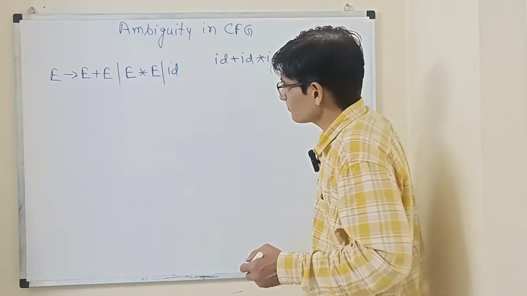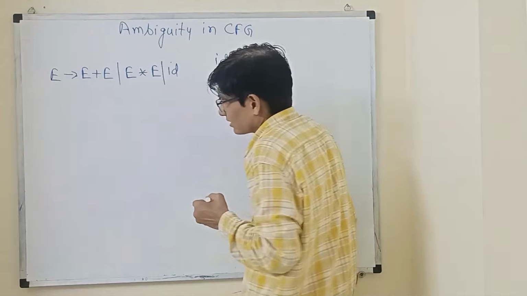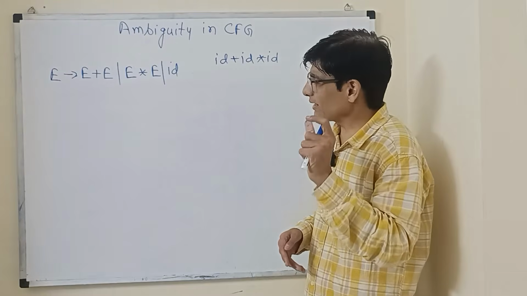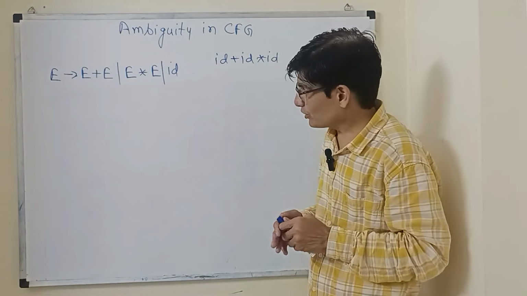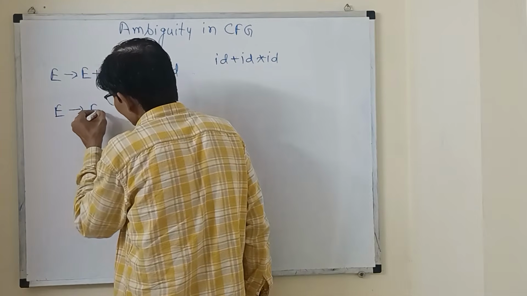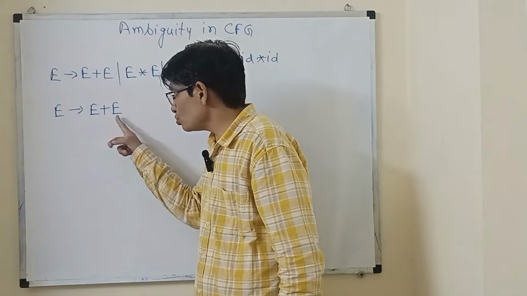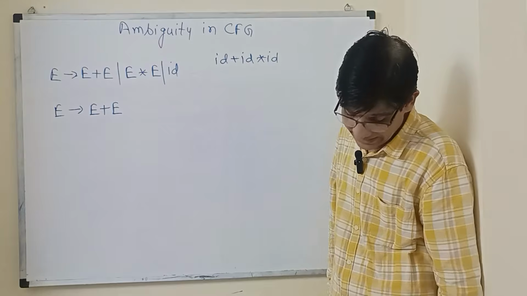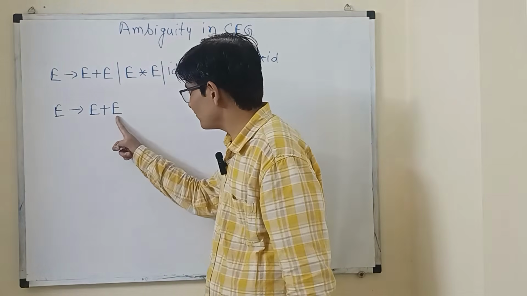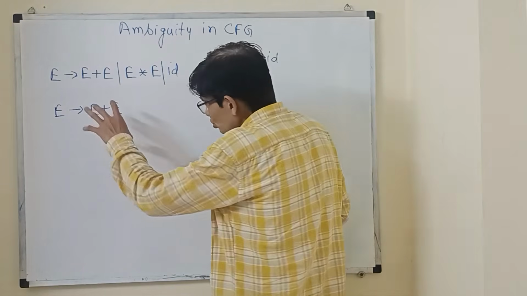Now if I want to convert this particular grammar into unambiguous form, then I will take one production rule at a time. So first I will consider E gives E plus E. Out of these two occurrences of E here, we will replace one occurrence of E with a different variable.